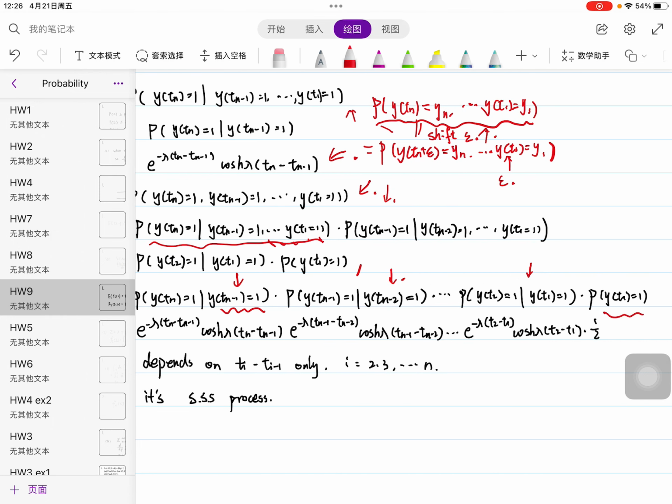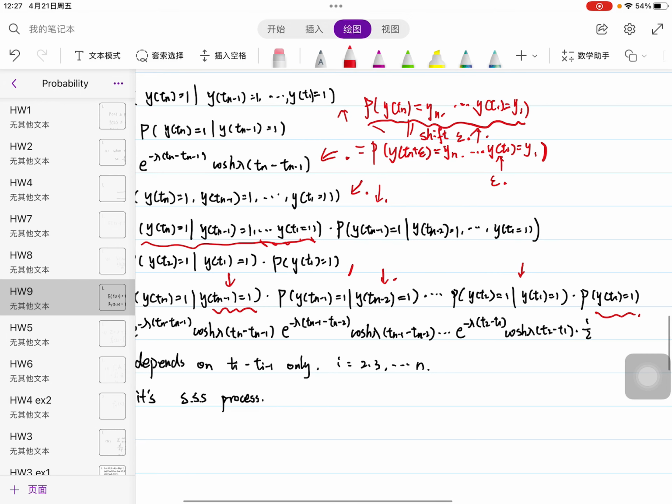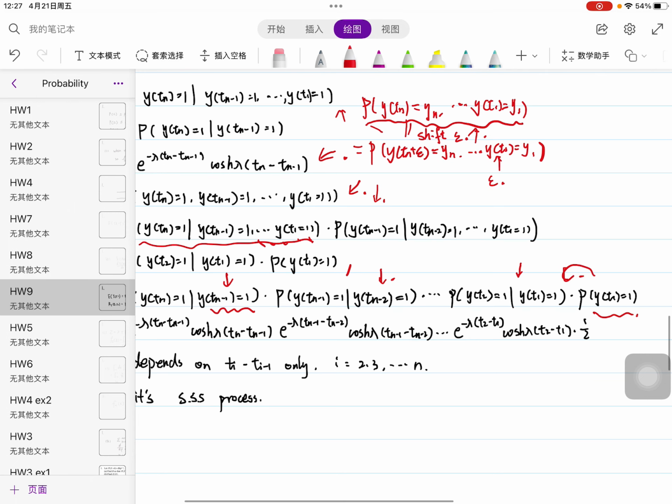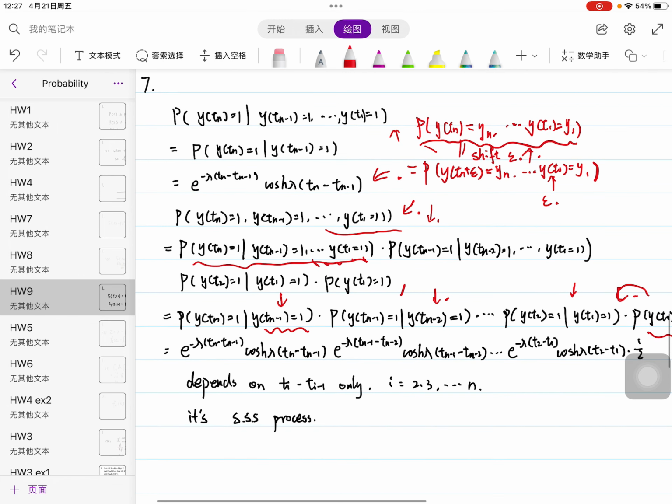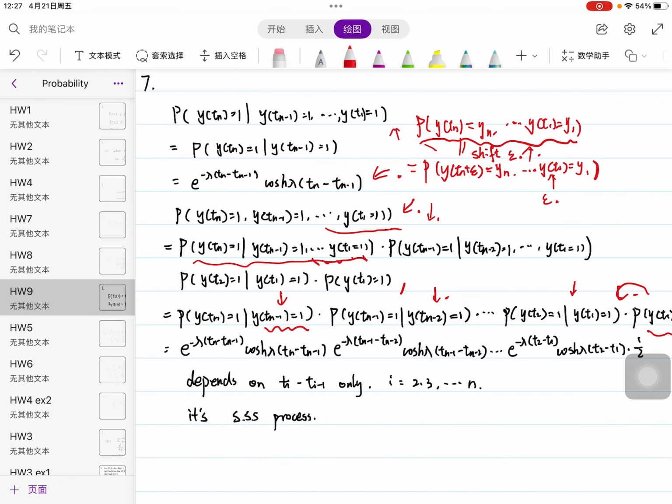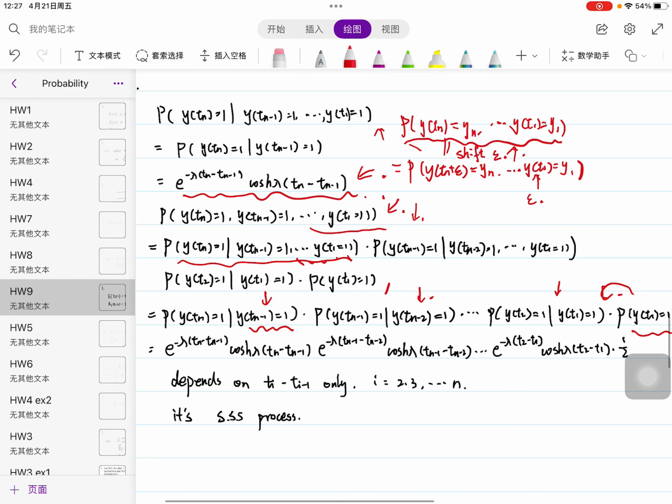And for the last term, we need to multiply by the probability of Y(t1) equals 1. So multiplying all of this together is equal to this joint probability. And then, since from the first step we know that this conditional probability is equal to this, we have a formula here, and we apply this formula to every term.